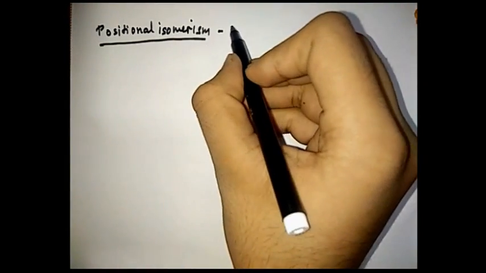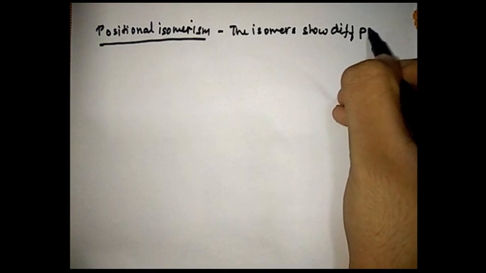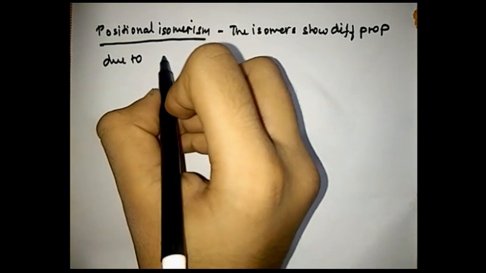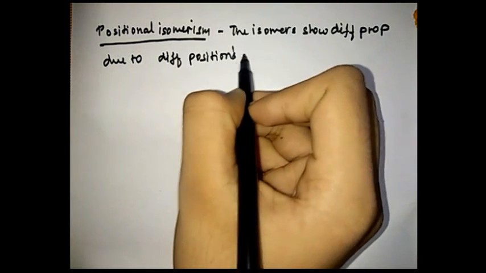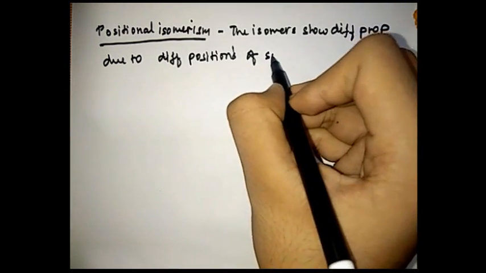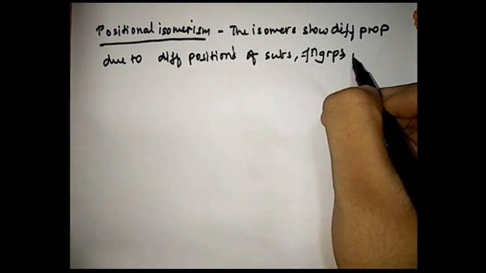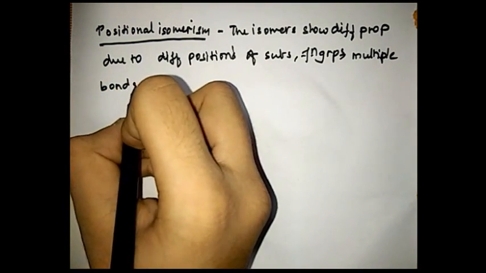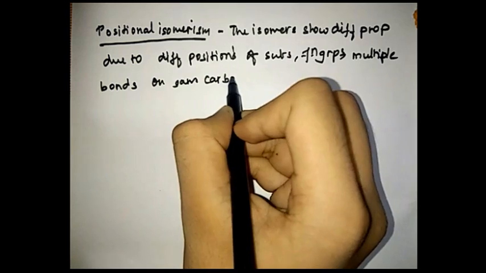So writing it down, the isomers show different properties due to different positions of substituents, functional groups, multiple bonds on the same carbon chain.